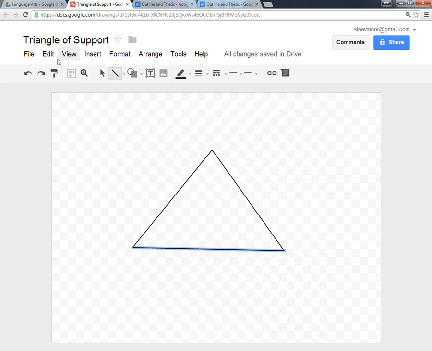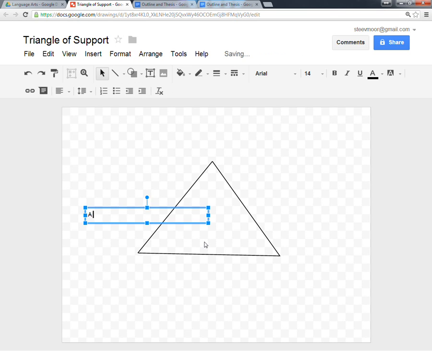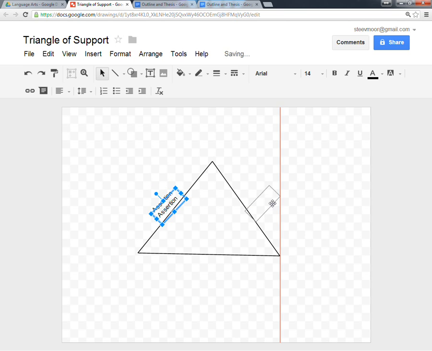So let's just insert those aspects here. So we have the assertion, and the assertion we're going to put along here. And then we have what we're going to call the support.